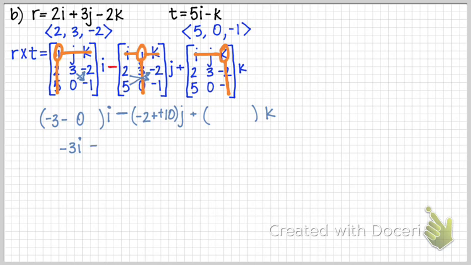I still have that minus sign outside, so I have minus 8j. For k, we'll take 2 times 0. That's 0 minus 5 times 3 is 15. So then we've got a minus 15k for that cross product.